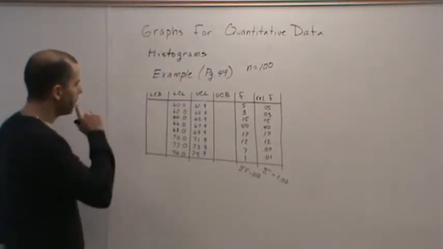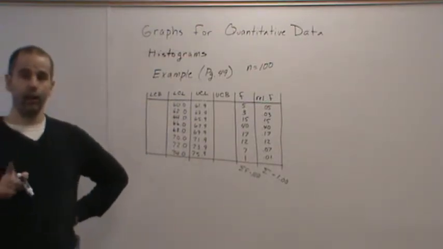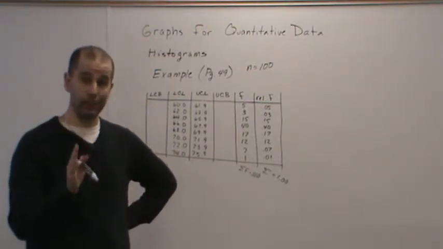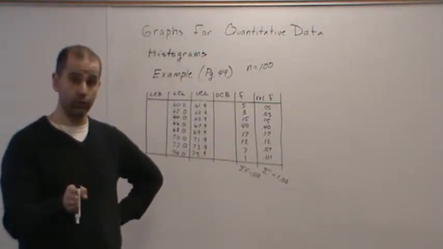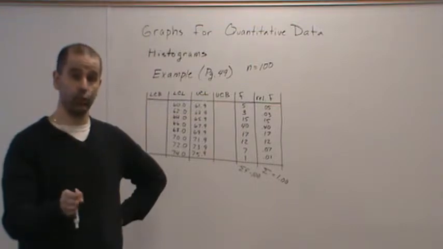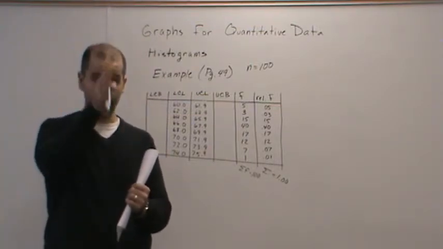Okay, so now, how do I get the upper and lower class boundaries? Well, you have to understand what a class boundary is. The class boundary is solely used for constructing the histogram. The class boundary is where the bars are going to touch.